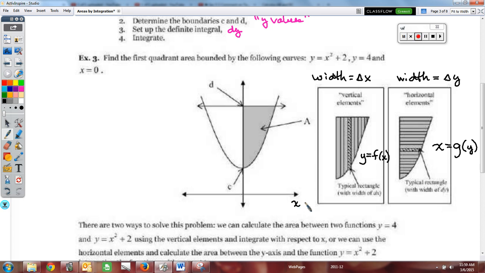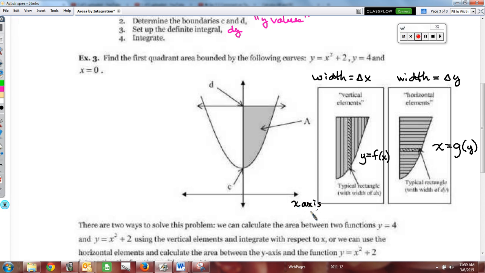So here's my x-axis. Now we will have a method of doing this by drawing the vertical rectangles in, but once we notice that we basically have a parabola that is bounded by the y-axis, I think it might be better to do this problem by doing Riemann sums of rectangles that are horizontal.